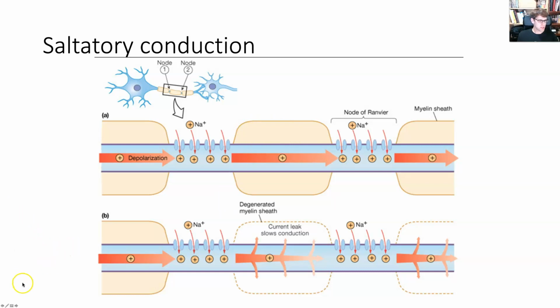Let me see if I can get a tool up here. So we think about it, we have all of these right at rest. The cell is more positive outside and more negative inside, and that's what causes sodium to rush in.